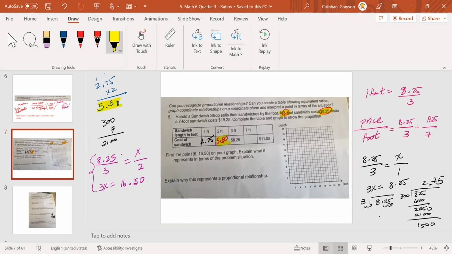Yeah, it gave the same answer. 3 feet is $8.75. So for 7 feet, could we just do $2.75 per foot times 7? Yeah, that'll be a lot easier. Or you could cross multiply and do it that way, but it takes too long. So that'll be $19.25.